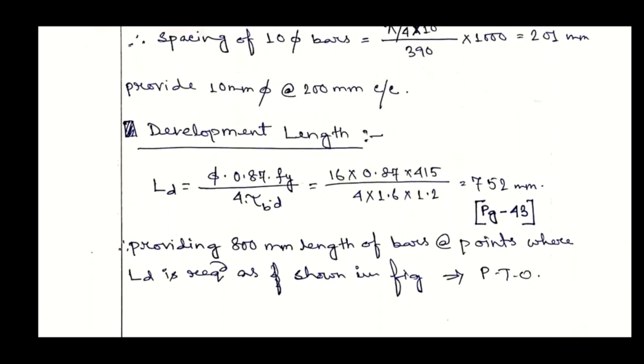So Ld is equals to phi into 0.87 fy by 4 tau bd, that is equals to phi is dia, that is 16 into 0.87 into fy is 415 by 4 into tau bd is 1.6 into 1.2, that is equals to 752 mm. Therefore, providing 800 mm length of bars at the points where Ld is required as shown in figure. So let's check the final figure.